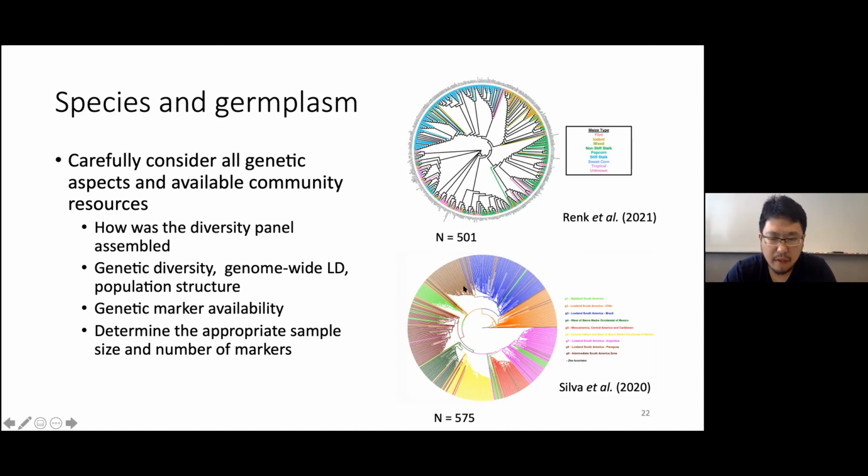The bottom panel has 575 genotypes, so it's even larger than the Wisconsin panel, but all of these are collections of popcorn. So if you want to study popcorn-related traits, then probably you should go for the second one. But if you're not studying that, you would probably want to go with the upper one.